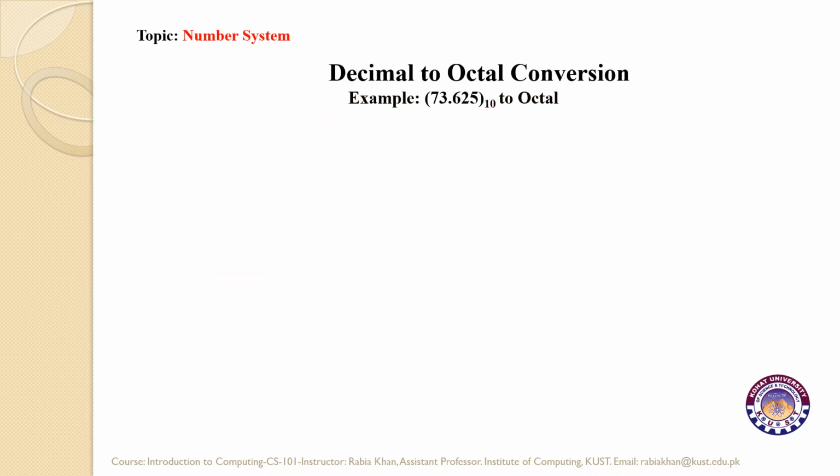Now let's merge both the integer and fractional part. So we have a decimal number that has an integer part 73 and a fractional part 0.625, and we are to convert it into octal number system. Here we need to perform two separate conversions.